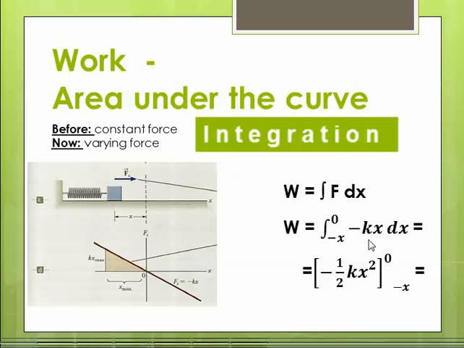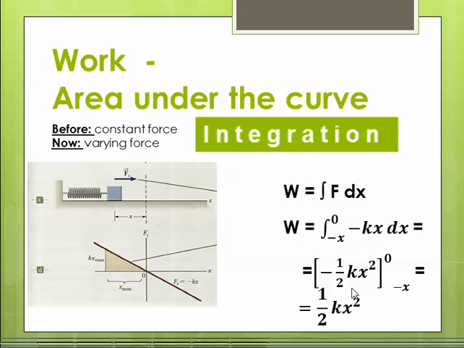Now I need to do the integral between minus x and 0. The integral between minus x and 0 is given by minus a half k 0 squared minus a half k x squared.